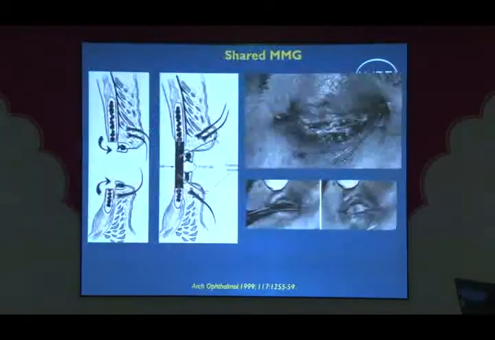Now, there has been a concept of using a sandwiched MMG by using a buccal or a hard palate graft or a nasal turbinate graft over the defects or the pathologies involving both upper and lower eyelid, in which the same procedure of excising the keratinized tarsal plate is done.